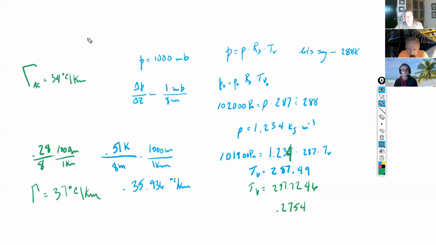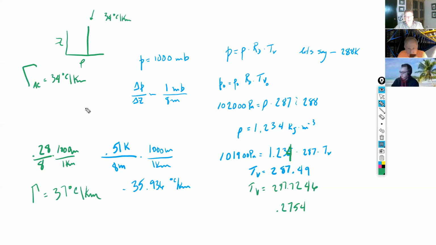So what I'm assuming is that if I imagine the density versus height, this would be a line of constant density, which I think is an isopycnic or something. If the density increases, it's going to be just more than whatever this value is. So we know that the value is supposed to be 34 degrees Celsius per kilometer.